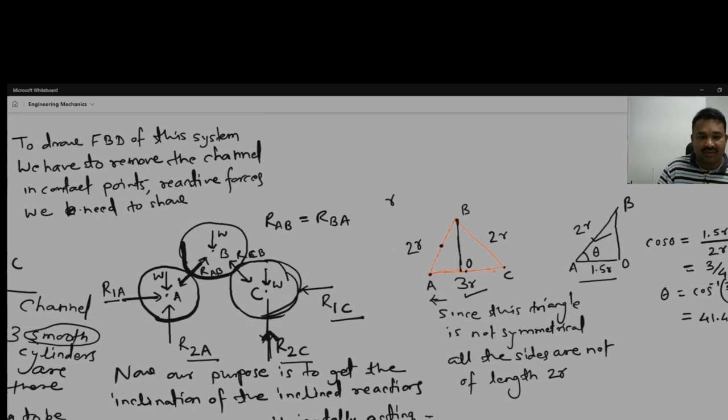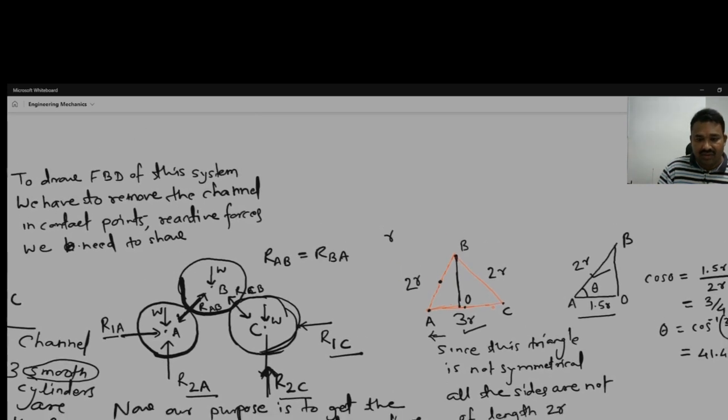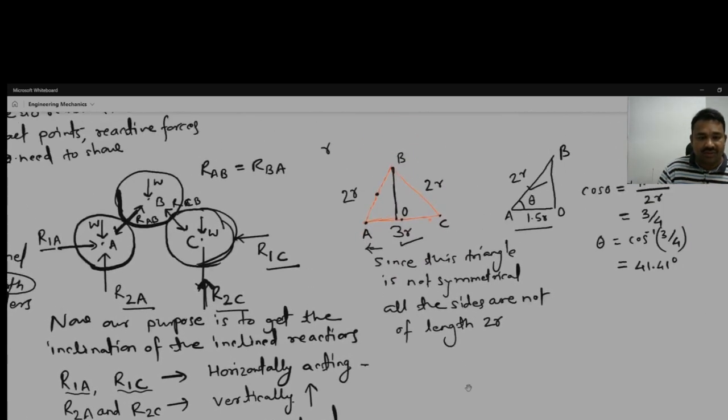Then what about if you draw the FBD, suppose like our cylinder B. Cylinder B. This one.